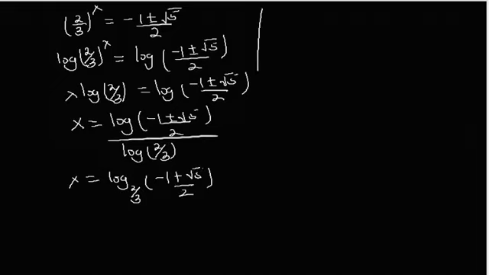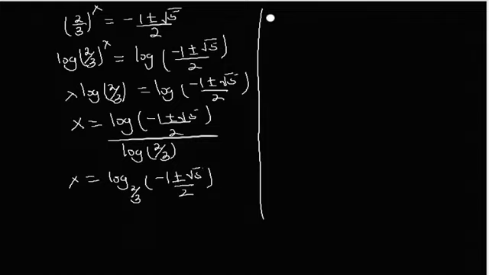Now I want us to quickly look at this solution, because of course this is plus or minus. That comprises two solutions, when we have a plus and when we have a minus.